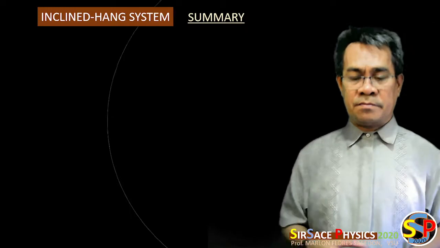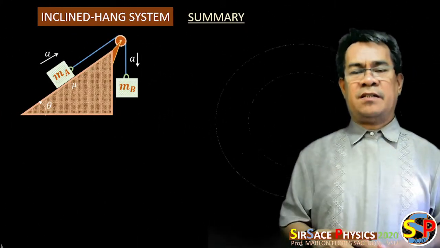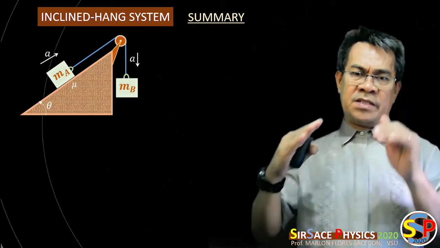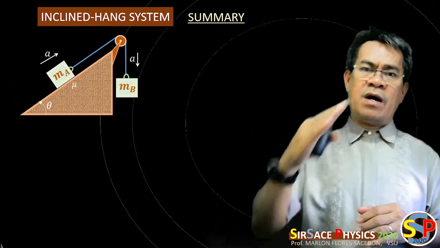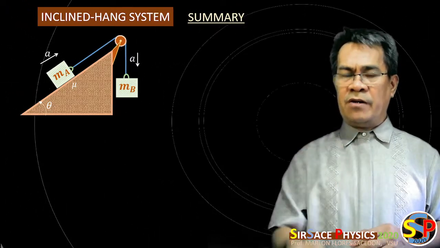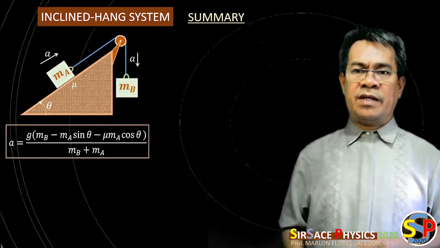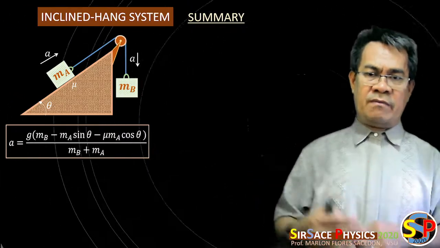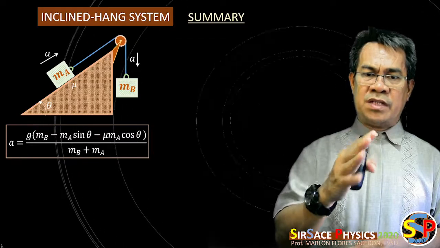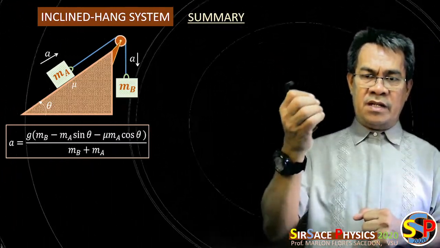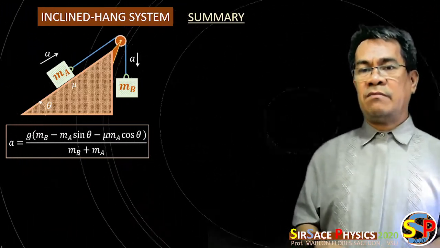So let's have the summary. If we have that incline-hang system, and the device will move in our assumption, meaning A will move up the plane and B moves down while hanging, then we can use our derived formula: m_B minus m_A sine theta minus mu m_A cosine theta, all of them multiplied by the acceleration due to gravity to become a force, then divided by the sum of the masses.